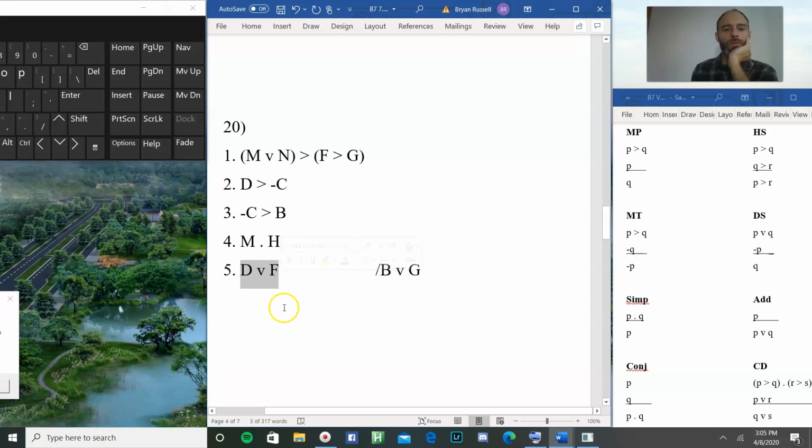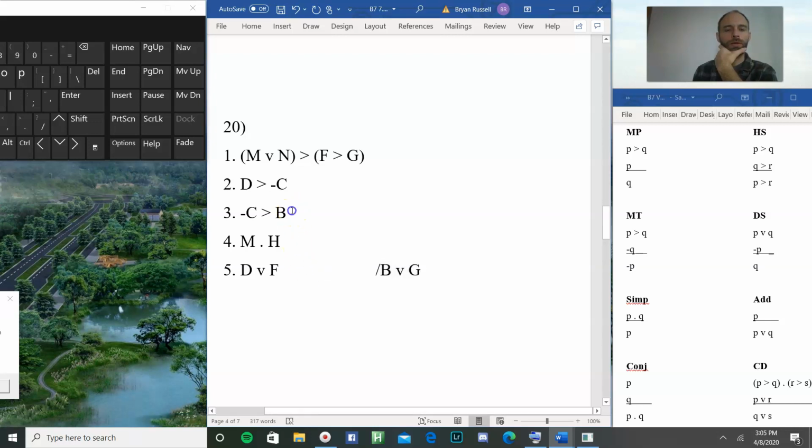So probably what we're going to want is D horseshoe B and F horseshoe G, and then we could use this disjunction to get this disjunction. So we need to set up D horseshoe B and F horseshoe G. So can we get D horseshoe B?